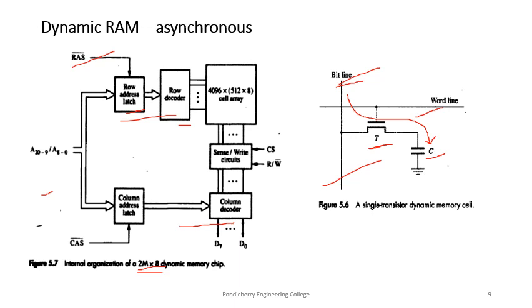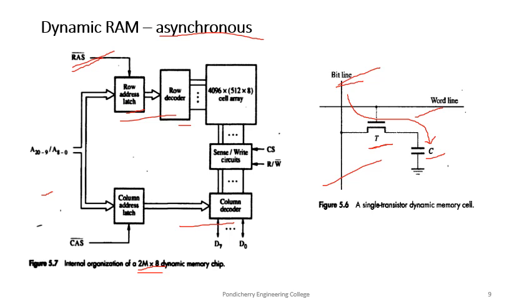By these special signals, it's an asynchronous access. You can see these are control signals. The row address strobe signal activates this row address latch. So when the address bus carries the row address and the strobe is active, the row address latch will capture and store this address.